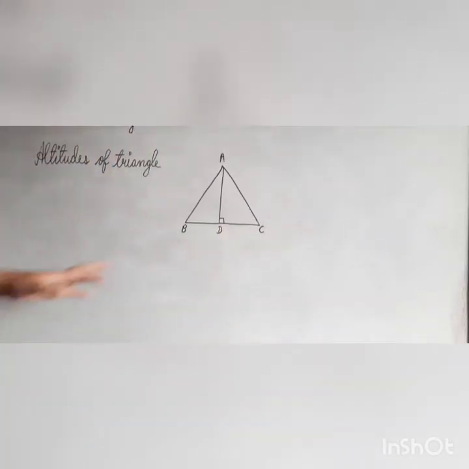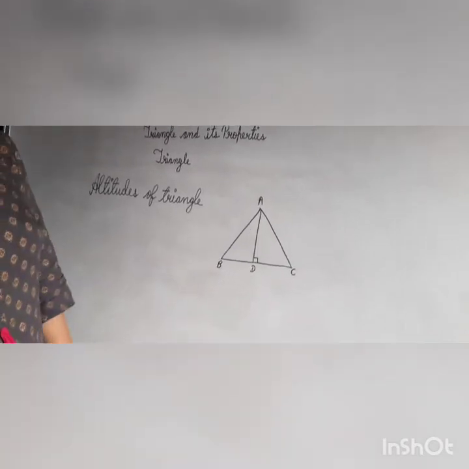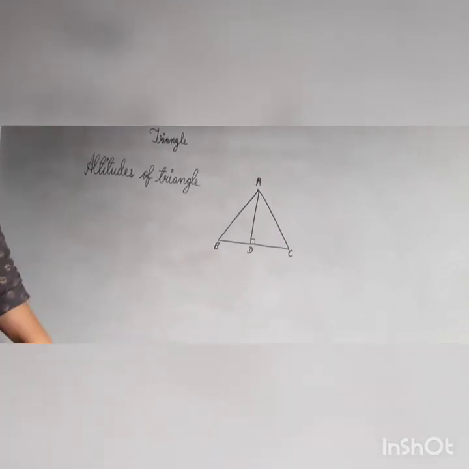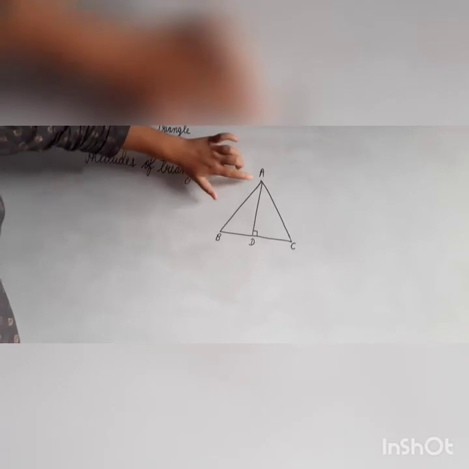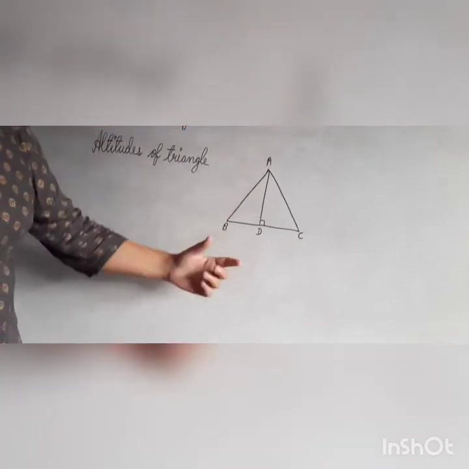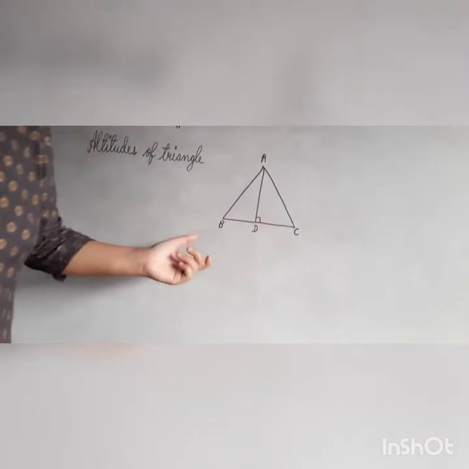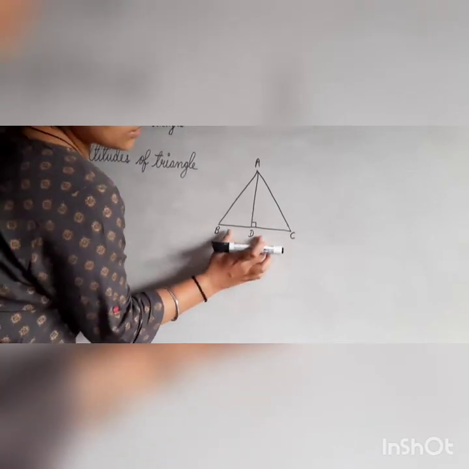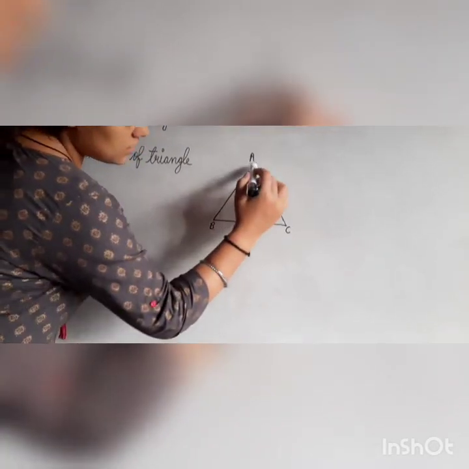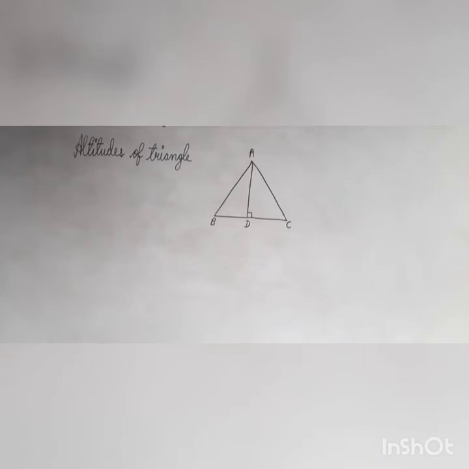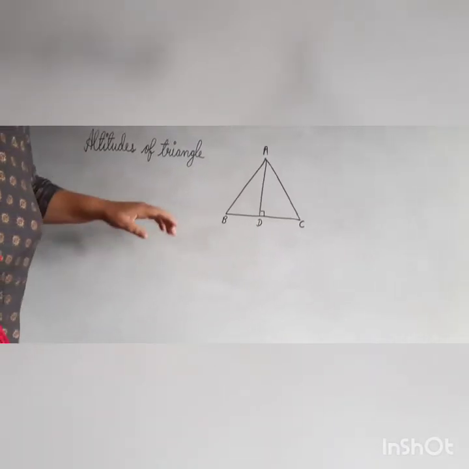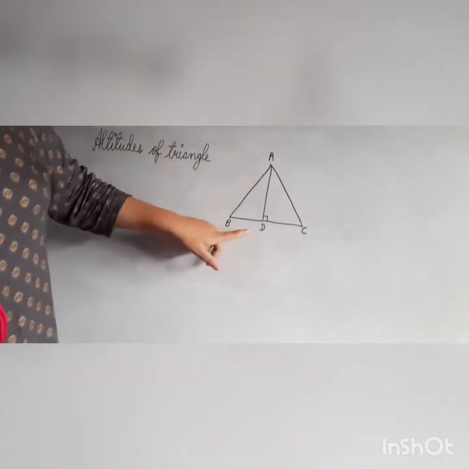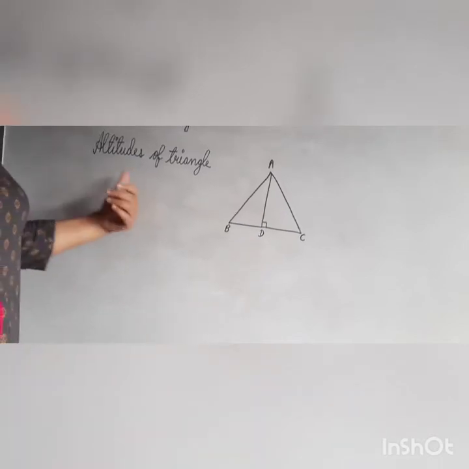The height that is given by the line segment that starts from A and comes down to BC is perpendicular to BC. Okay beta, this is perpendicular to BC. This line segment AD is known as the altitude of the triangle.